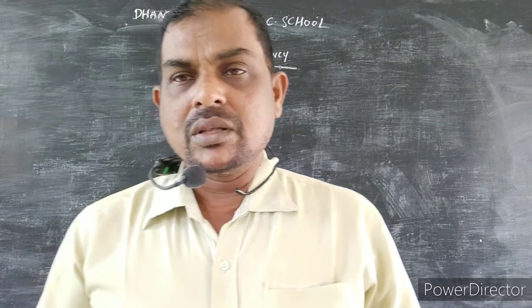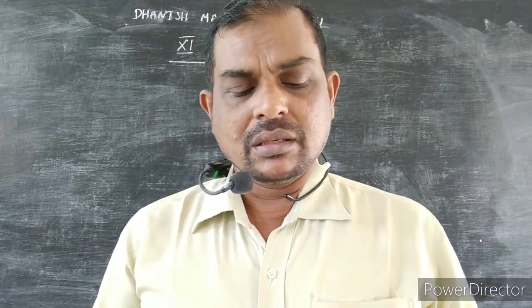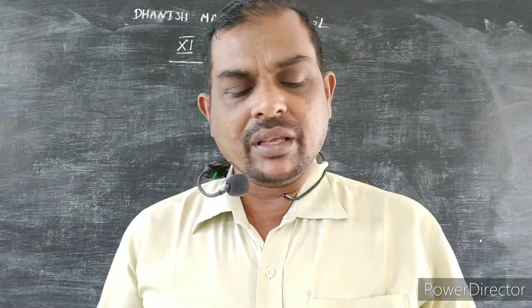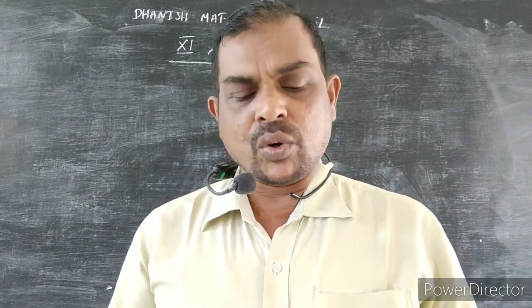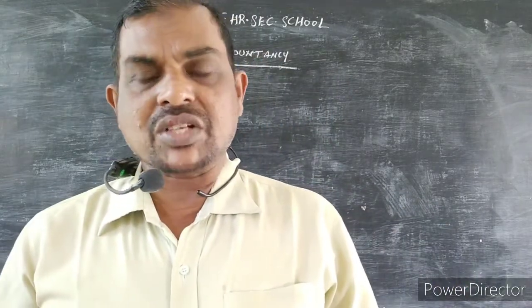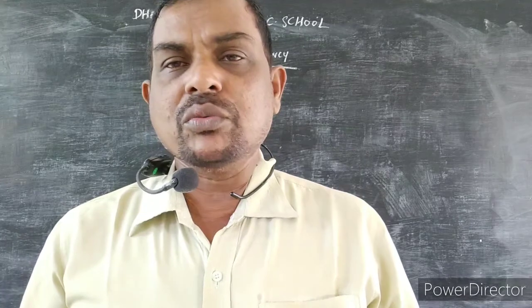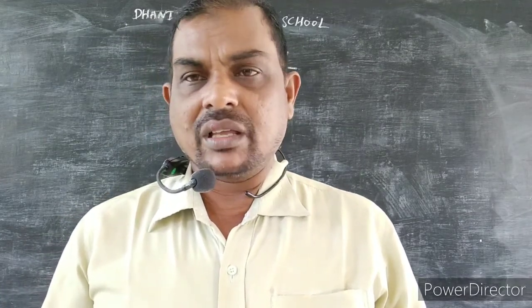Journalize them. He has given some transactions for the month of January. Raja is a proprietor. He is having a hotel. Based on his business transactions, we have to pass the journal entries for the month of January.